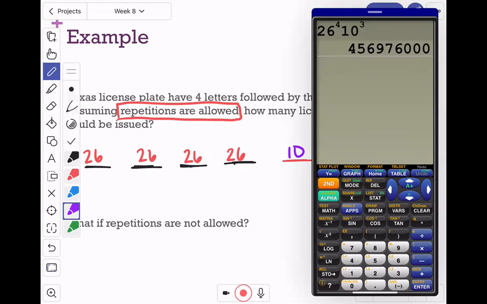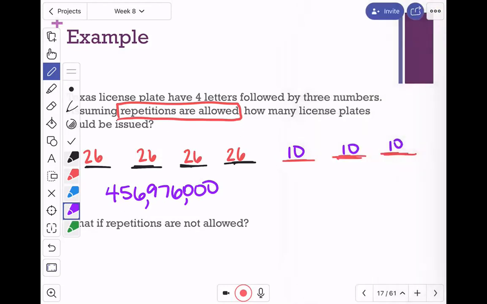That's how many license plates you can make. That is 456,976,000 license plates that can be made. It's a lot of license plates.